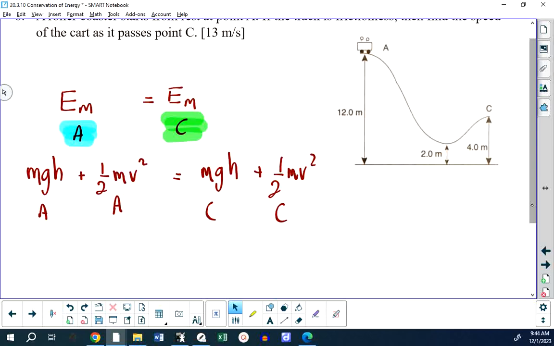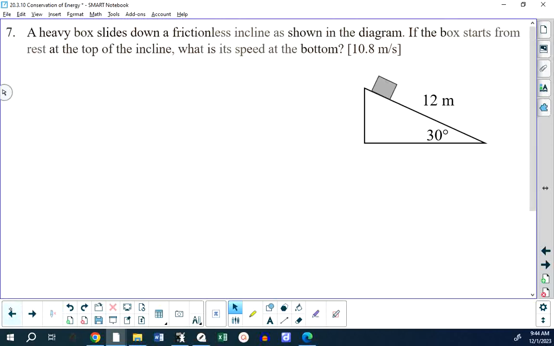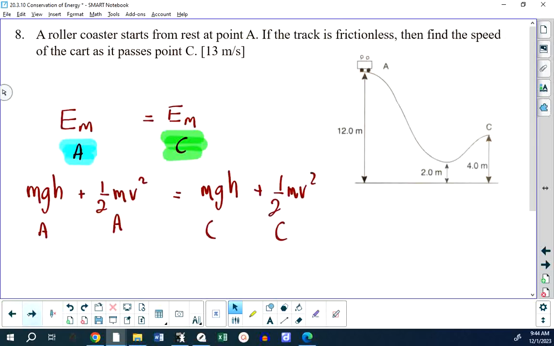Is there kinetic energy at A? Is the cart moving at A? Well, it says it starts from rest at A, right? I mean, I don't know how that works from a practical standpoint. If you're on a roller coaster, you're probably moving when you pass that point.